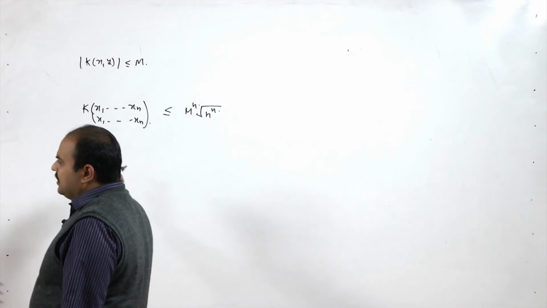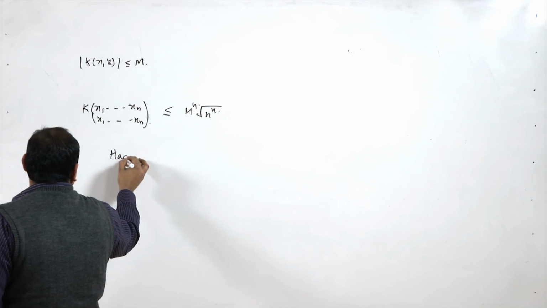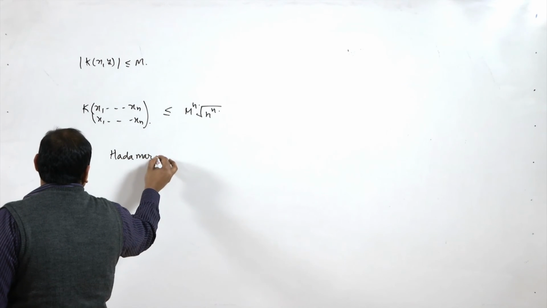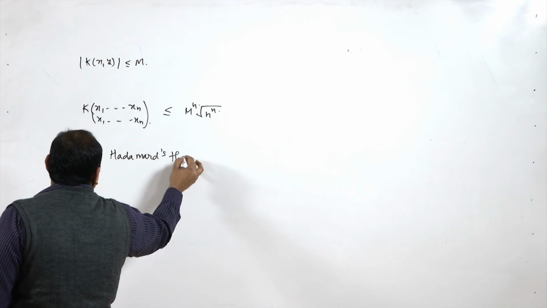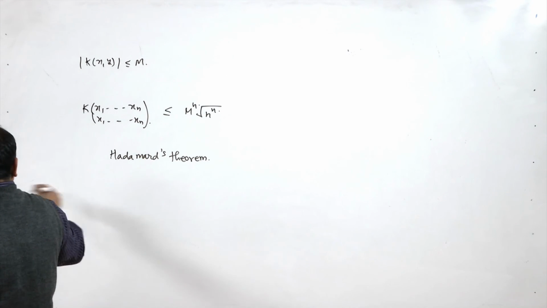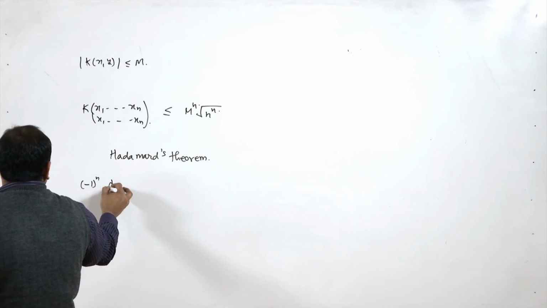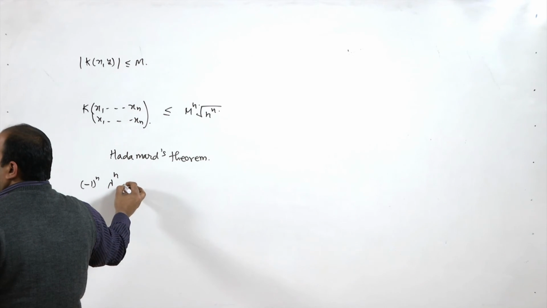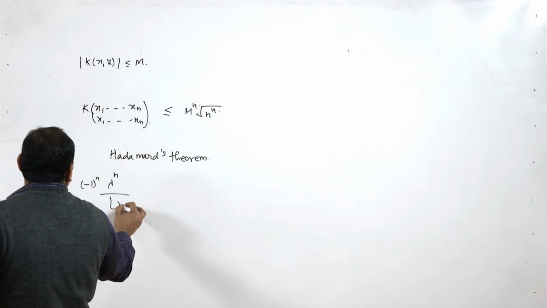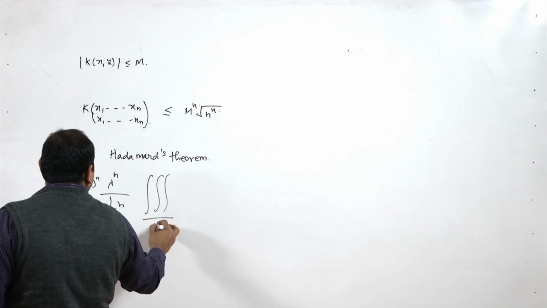This is given by a theorem known as Hadamard's theorem, by which we can show that the nth term is bounded by minus 1 to the power n lambda to the power n upon factorial n times this integral taken n times.